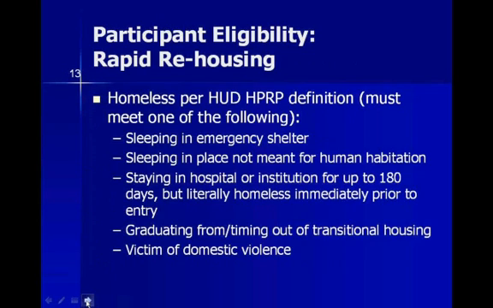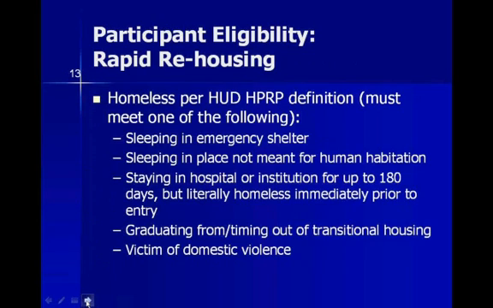So they must be sleeping in an emergency shelter. I do want to note that this only includes emergency shelter programs that are identified in the COC's, or Continuum of Care's, most recent housing inventory chart that was submitted to HUD or otherwise recognized by the COC as part of the Continuum's inventory. So maybe it's a newly established shelter, but it needs to be a recognized emergency shelter.